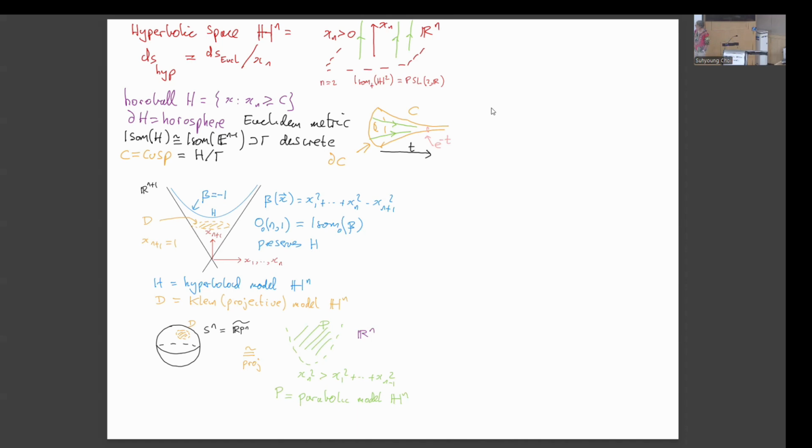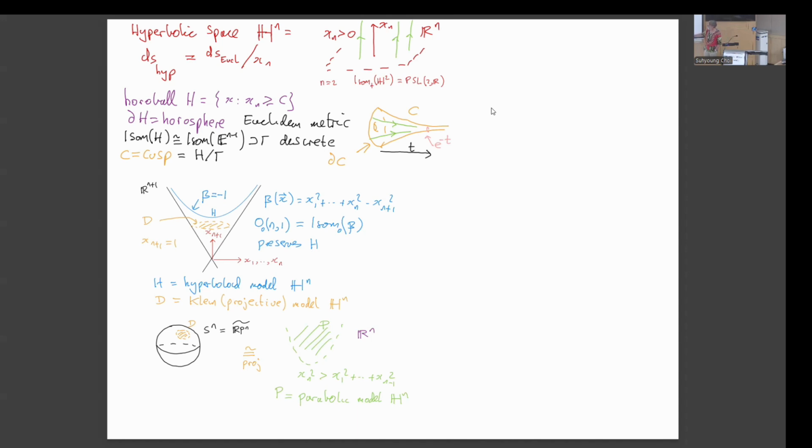So in projective geometry, all conics are the same. A circle is the same as a hyperbola is the same as a parabola. And so this was the hyperboloid model of hyperbolic geometry.